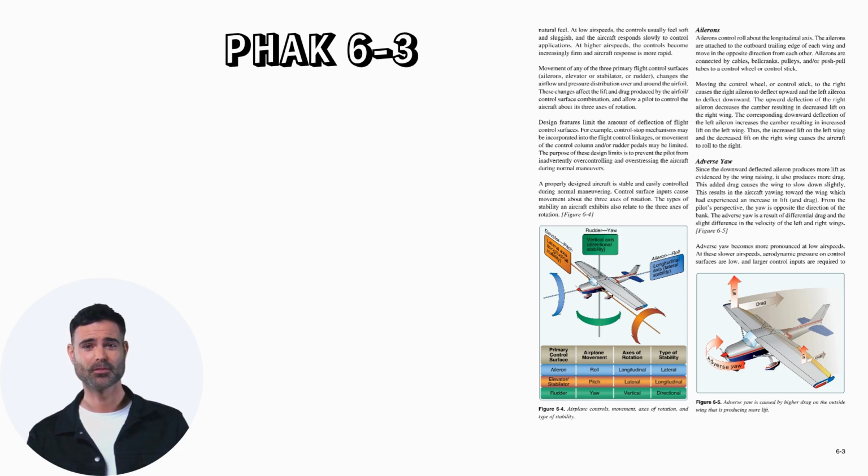Movement of any of the three primary flight control surfaces, ailerons, elevator or stabilator, or rudder, changes the airflow and pressure distribution over and around the airfoil. These changes affect the lift and drag produced by the airfoil control surface combination and allow a pilot to control the aircraft about its three axes of rotation.